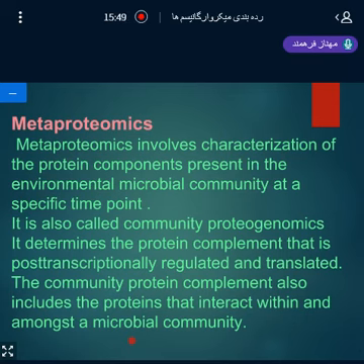Metaproteomics involves characterization of the protein components present in the environmental microbial community at a specific time point. It is also called community proteogenomics. It determines the protein complement that is post-transcriptionally regulated and translated.